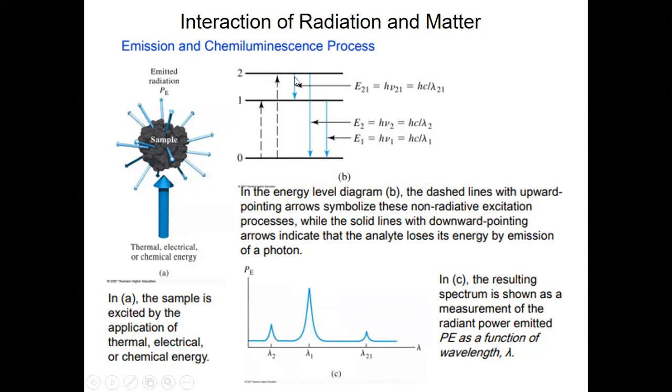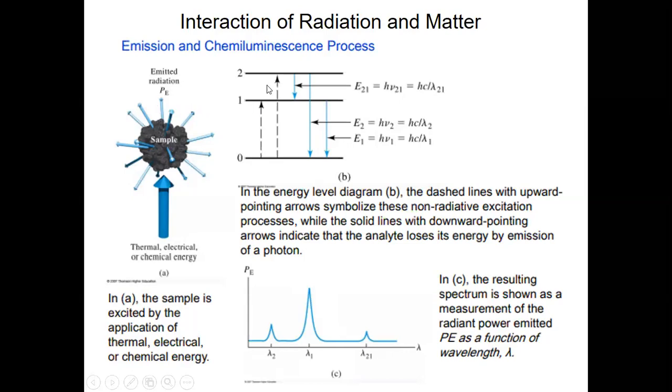And the transition from the second excited state to the first excited state is really small. Again, the energy difference is small, therefore the lambda value is high. So this is the representation of the spectrum of these transitions.